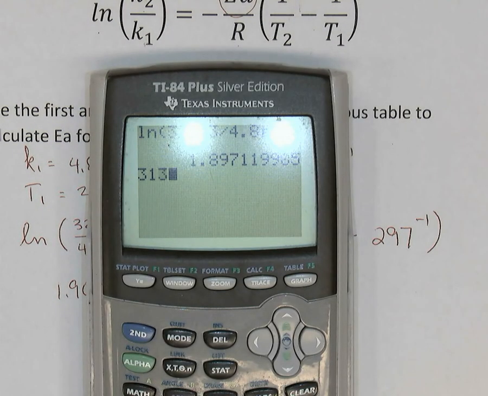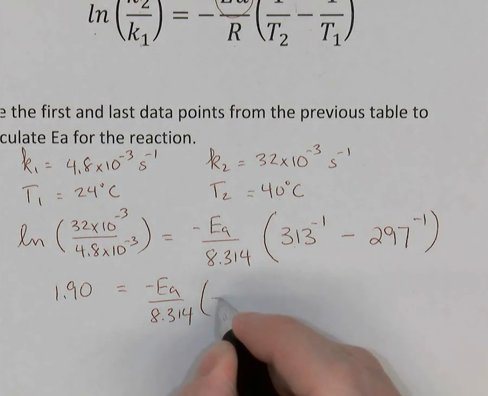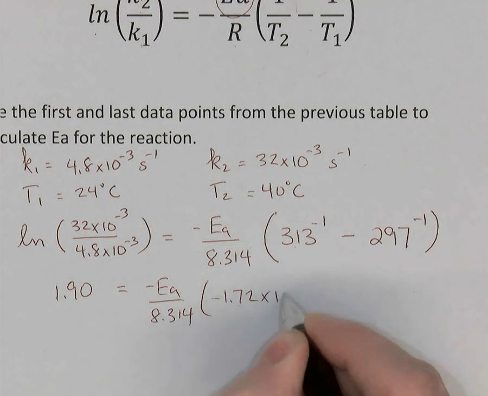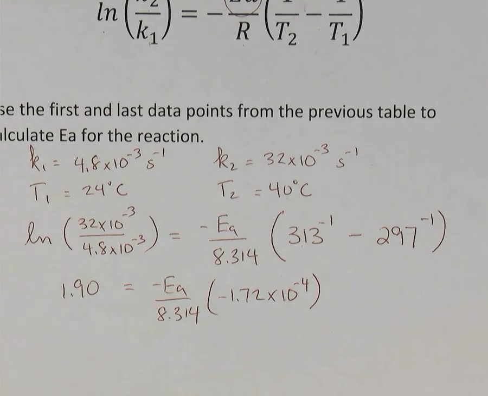So 313 reciprocal minus 297 reciprocal equals negative 1.72 times 10 to the minus 4. So now just do some simple algebra. 1.9 times negative 8.314, and then divide by this bracket, and we'll have EA.